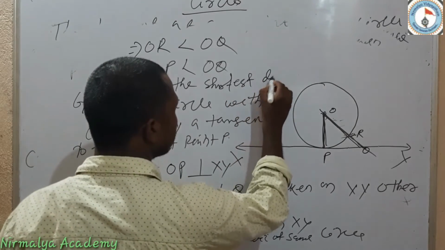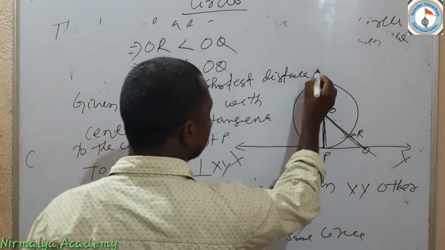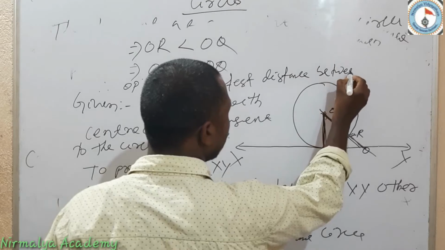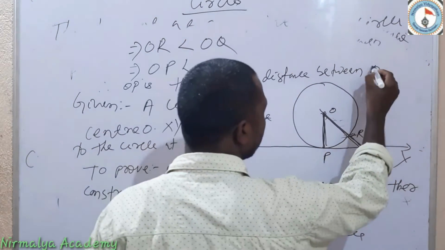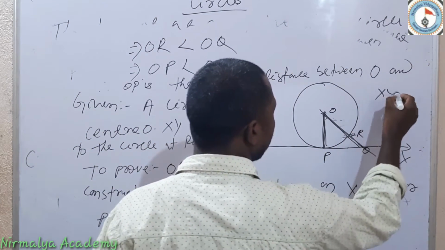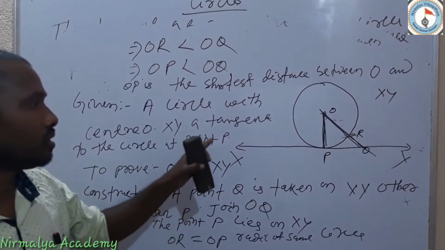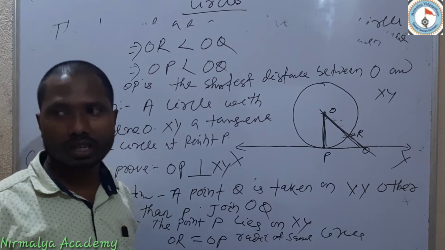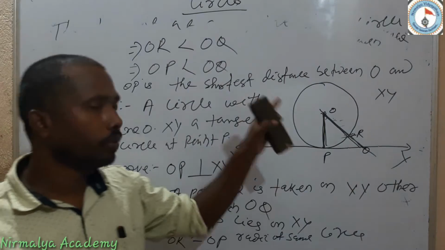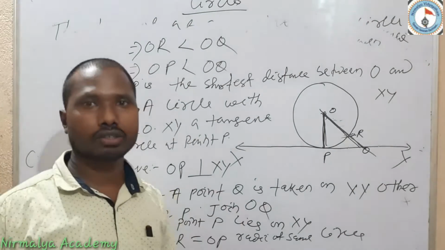Shortest distance between O and XY. And you know the shortest distance is known as the perpendicular distance. That's why OP is perpendicular to XY.